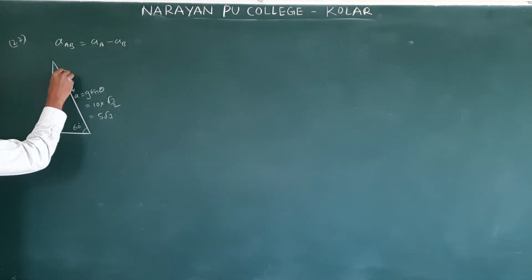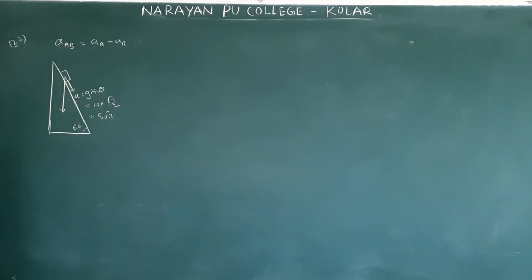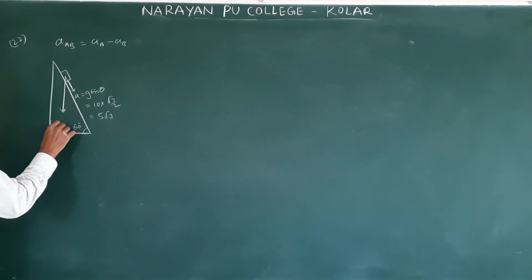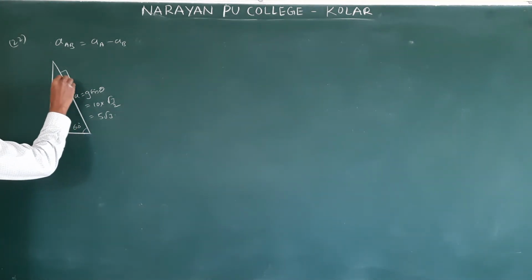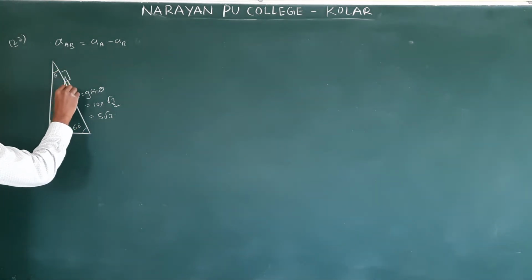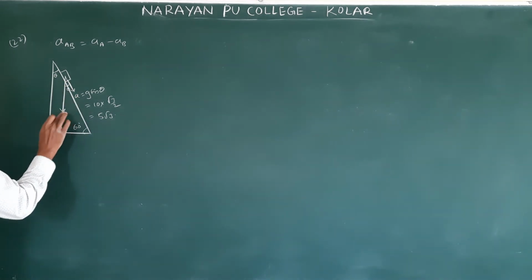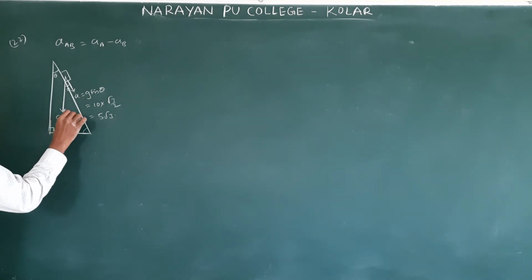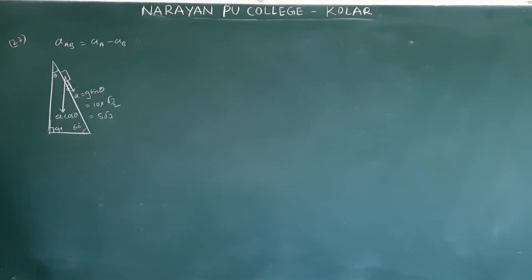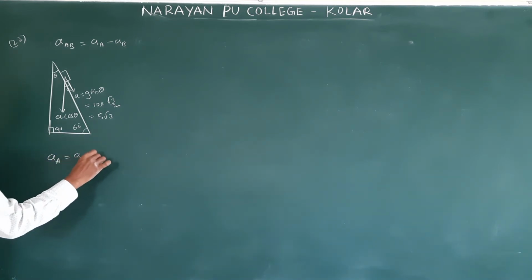This is the acceleration along this side, but they are asking for this one. This angle is 60, this is 90. This angle and this angle will be the same. So resolving along the vertical, that is a cos theta. So a_A is equal to a cos theta.